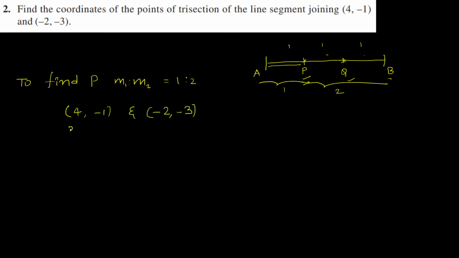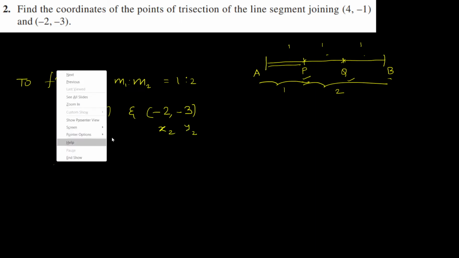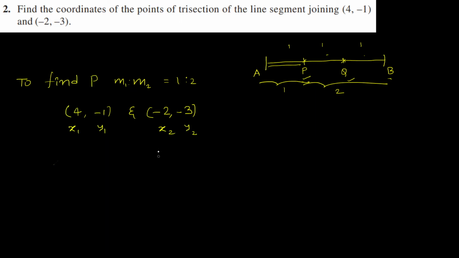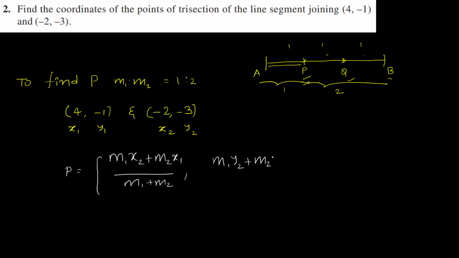So we take this as (x1, y1) and this as (x2, y2), and the section formula, which we already know, is P equals ((m1 x2 + m2 x1)/(m1 + m2), (m1 y2 + m2 y1)/(m1 + m2)). So we have x1, y1, x2, y2 and m1, m2. Just replace these in the formula.